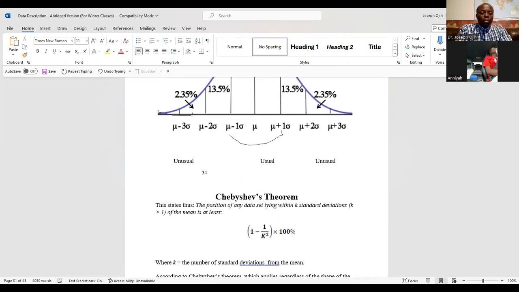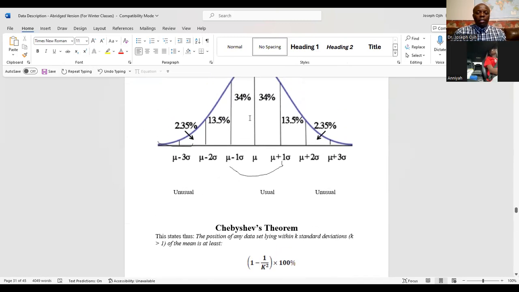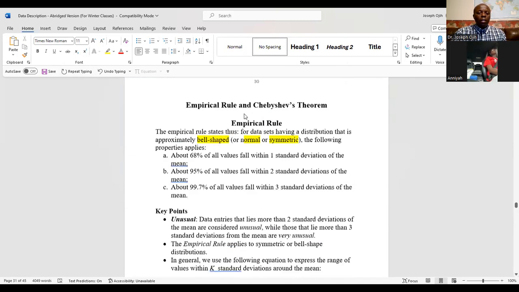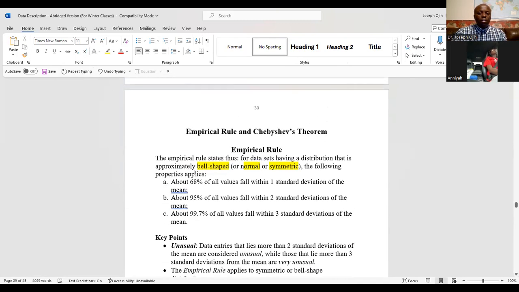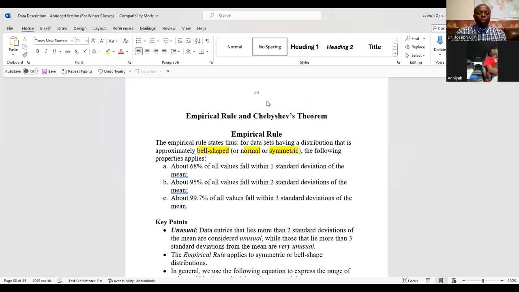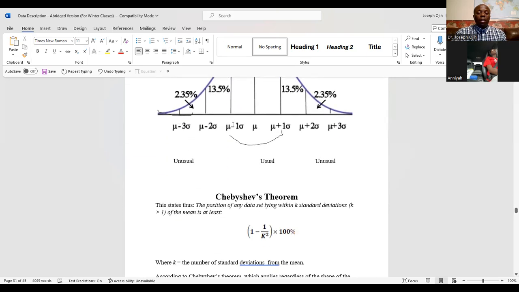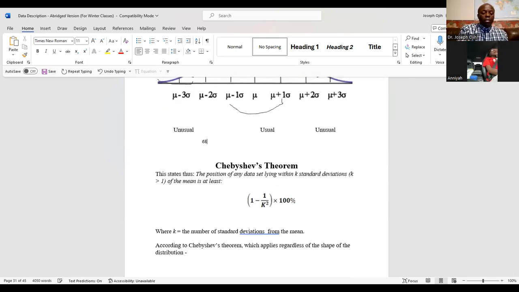Let me do it in a different way. It says here 68%. Since there are two sides, the left side and the right side, you divide 68% by 2. I'm talking about one standard deviation of the mean.